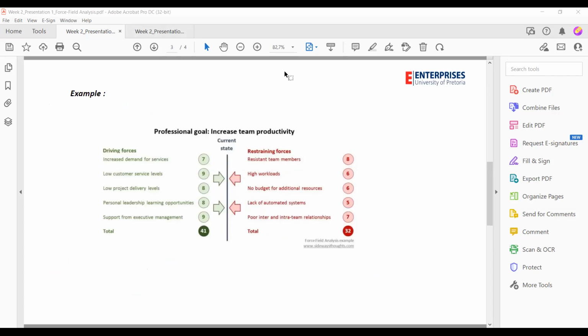Oh, so if it's higher than the other side, what do we do again? Does it mean we need to now focus on the driving forces? Yes, it means that you look at all the restricting forces and then you eliminate the ones that are severe. And then the ones that are driving forces, you reinforce them because they are helping the current state. Okay. No, thanks.